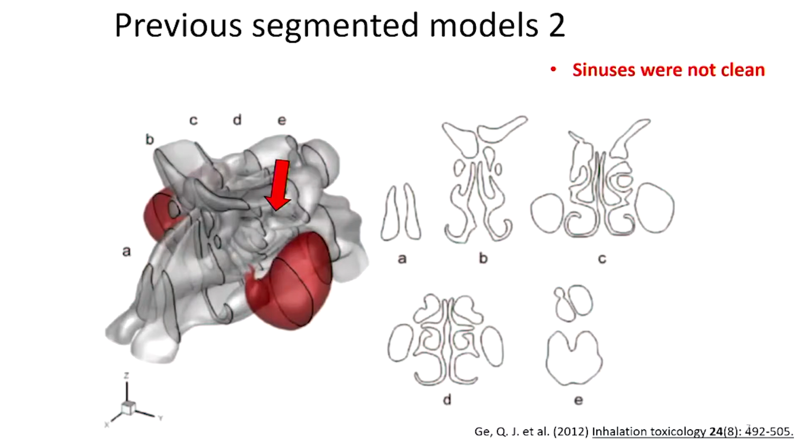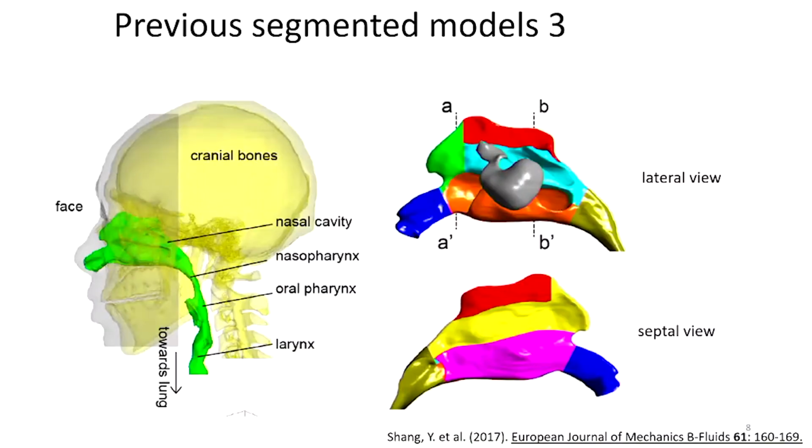Apparently, this is not what we want. And secondly, at that time, we didn't include the face. I attempted to create another nasal cavity model which includes the face and the maxillary sinus. However, I found it was still very difficult to segment the ethmoid sinuses, so I took them out.